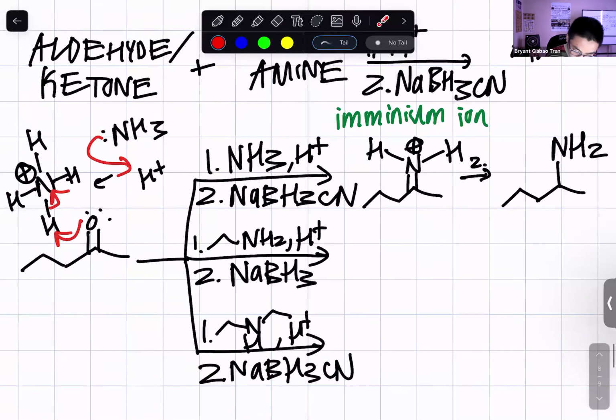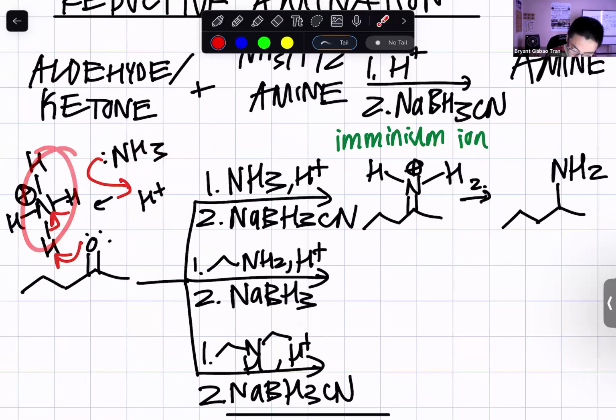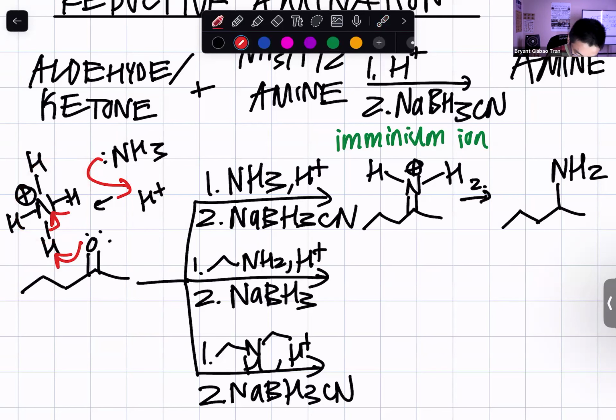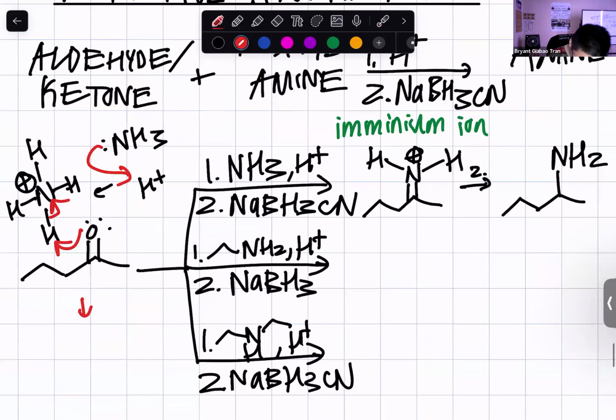So the hydrogen source is coming from this ammonium ion rather than the H+ source. We're protonating the amine just to get the ammonium ion, which will act as the acid for this carbonyl. Then we get this protonated carbonyl, the activated electrophile, and a neutral amine.